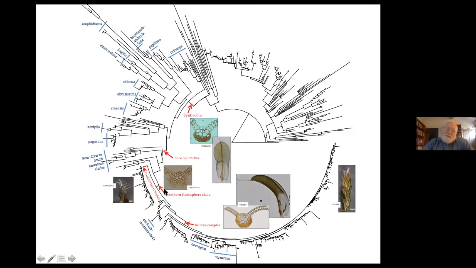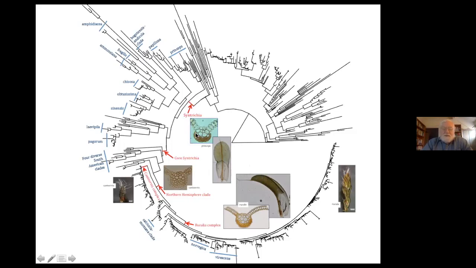And the reconstruction for the biogeography would be this was a single dispersal to the Northern Hemisphere from Southern Hemisphere groups, possibly by an alpine sort of hopping route. They're on the high volcanoes coming up through Central America. There are Syntrichias of the South American type up on those. So we're just looking at this and trying to reconstruct what happened.